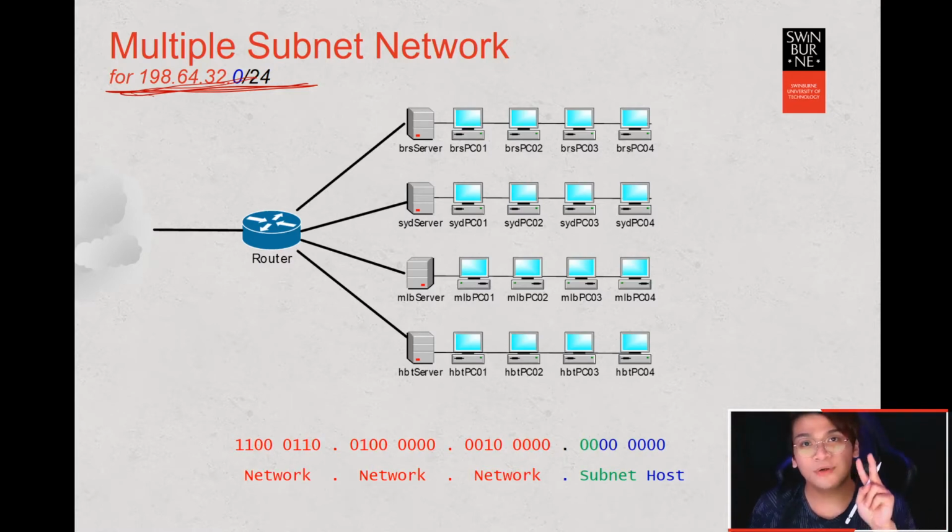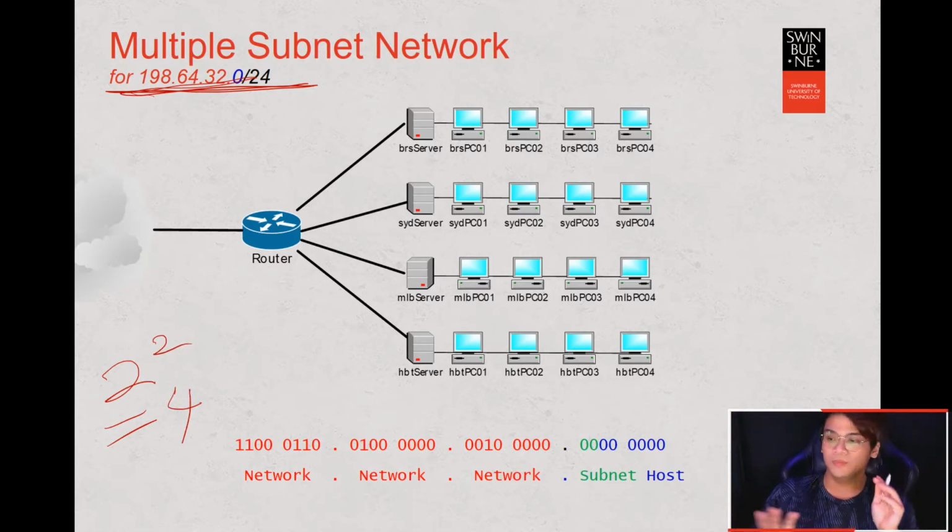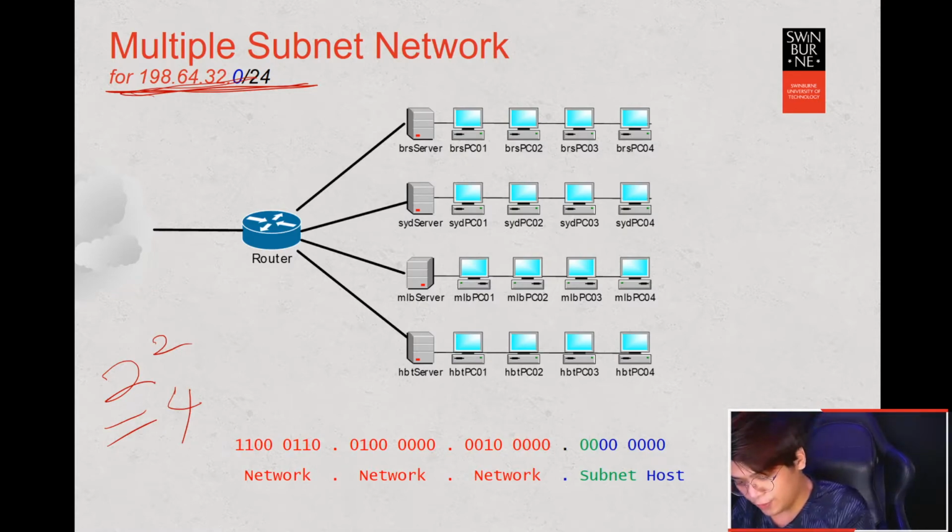Why do we need to borrow 2? Because 2 power of 2 equals 4. So we need to borrow 2 bits.